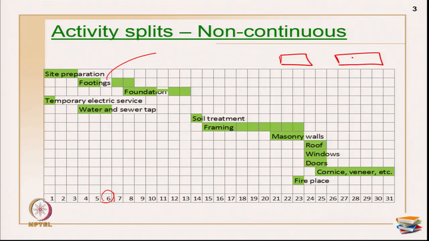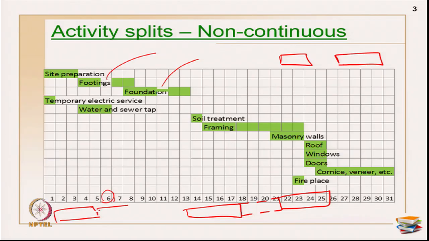This notation is also possible, otherwise I can also show it like this. The other way to represent activity splits is the necking of bars, where in the no-work period it is a very slender bar, and then we have another rectangular piece. That is the way we represent activity splits in the bar chart representation.